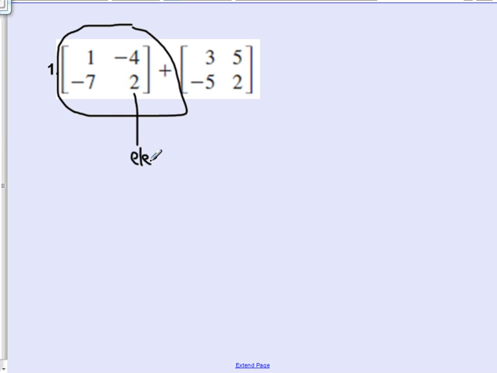Okay? And when we are adding these two together, we read it like a book in a way, and we're corresponding things. What I mean by that is we are going to take the 1 and add it to the 3.